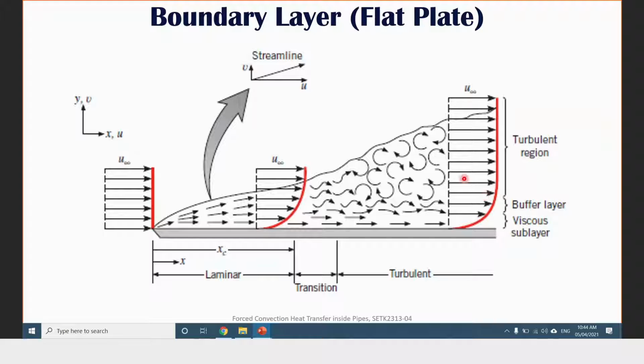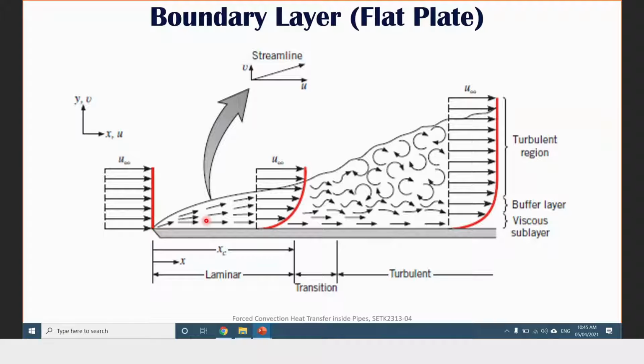While here is all affected, here you can see that there is no change. The velocity is still sort of smooth because of the boundary layer. We call this the boundary layer. In the boundary layer, we assume that the fluid is viscous.